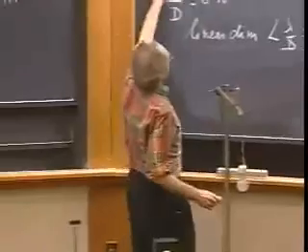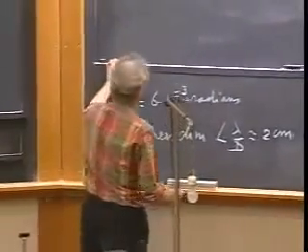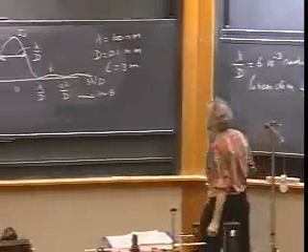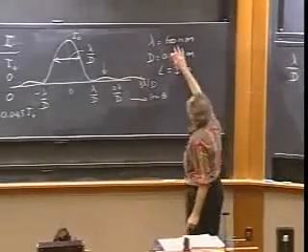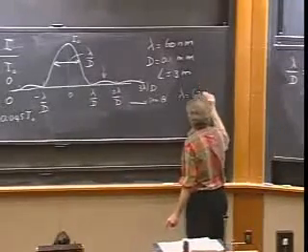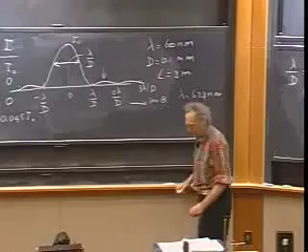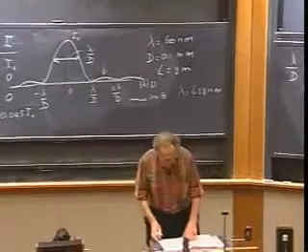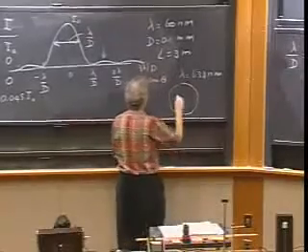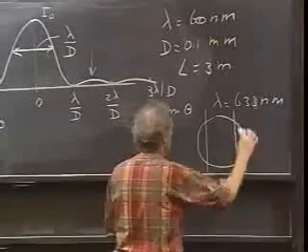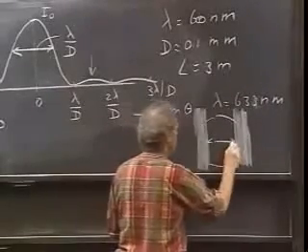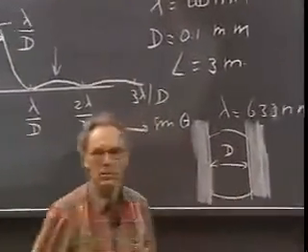So I'm going to do it with a 633 nanometer laser light. And the beam of that laser is about 3 millimeters, and then we have a slit here. So this is the opening, this is the D, and we can make the D smaller.